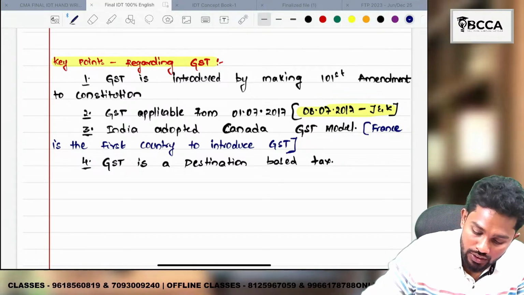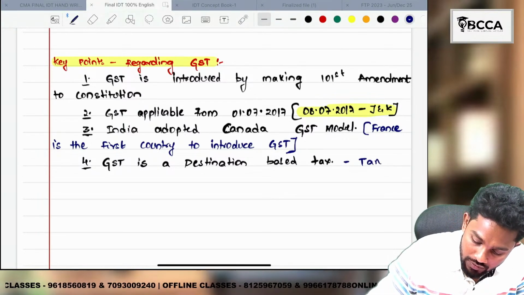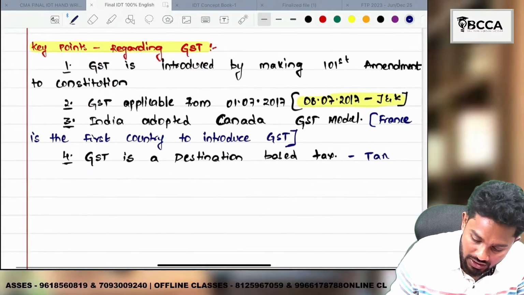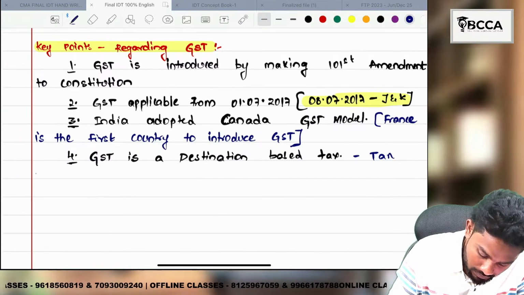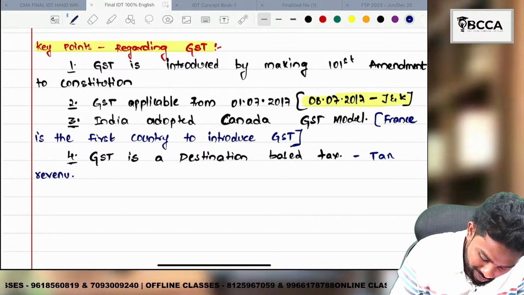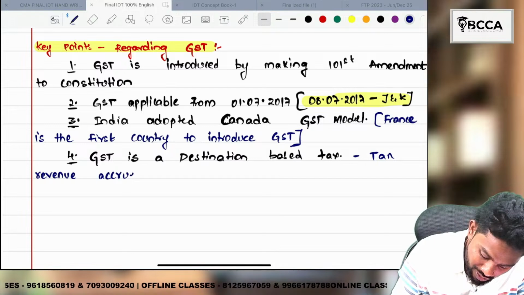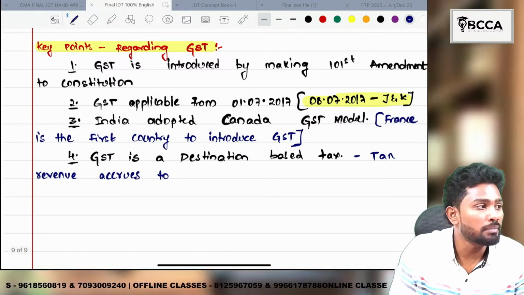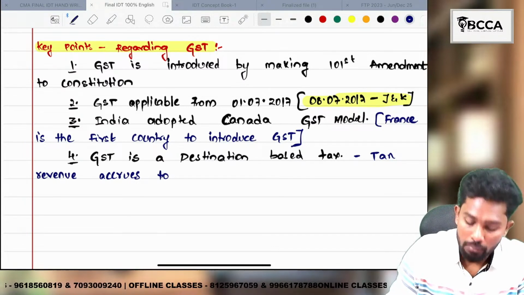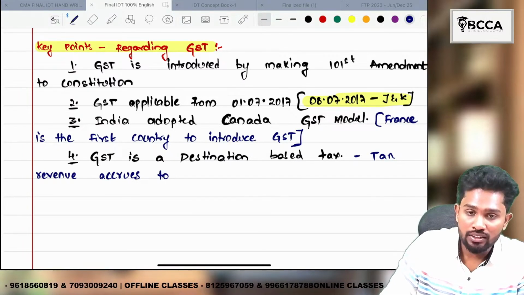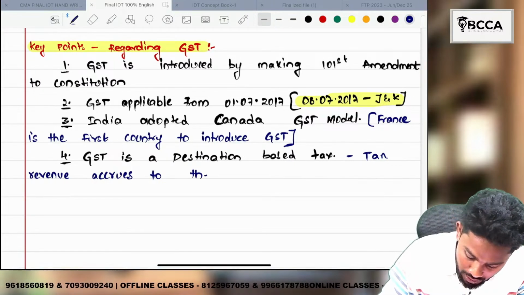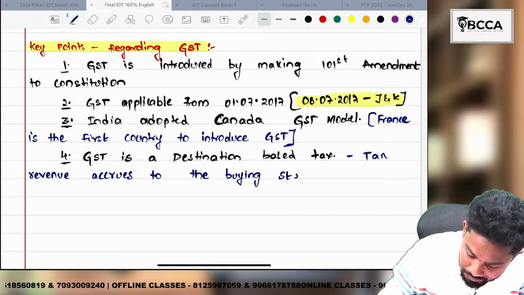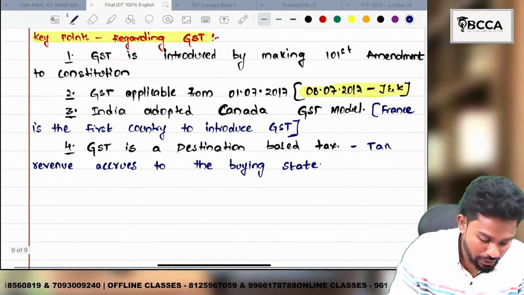Since GST is a destination based tax, the tax revenue accrues to which state? The destination state, nothing but the buying state. Tax revenue accrues to the buying state.